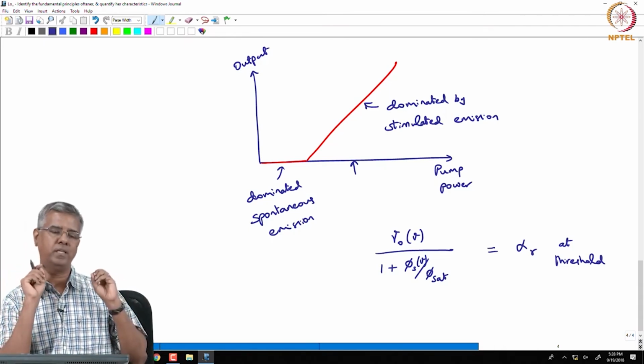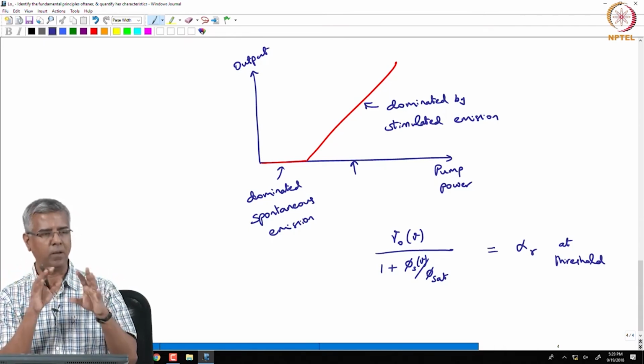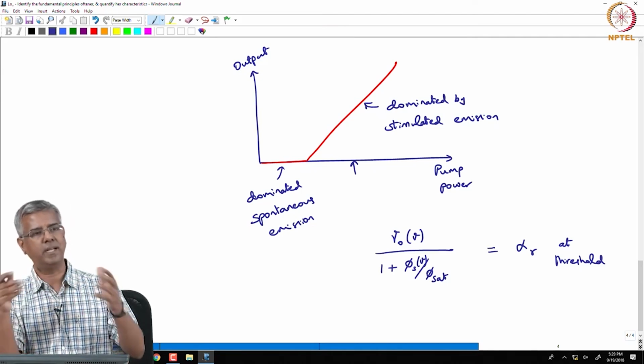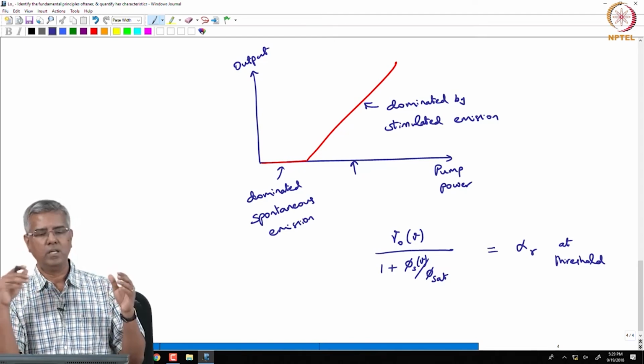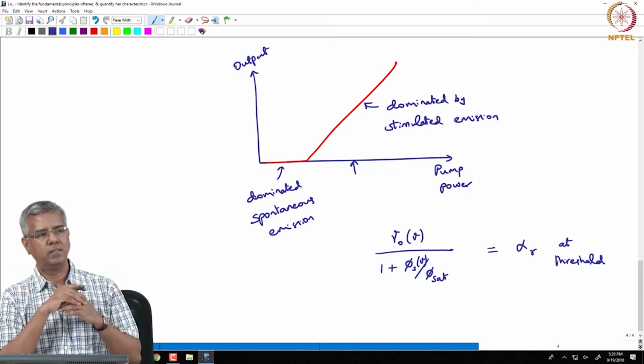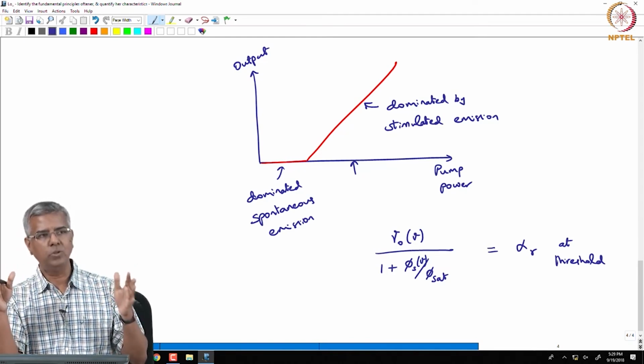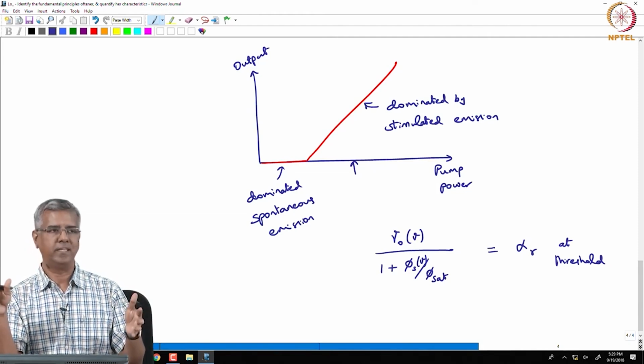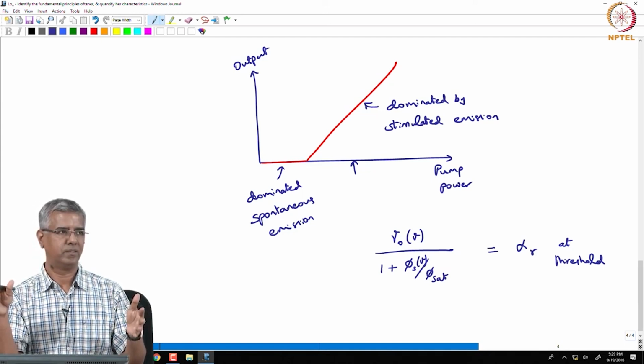So I am actually having a lot of pump photons go into the medium, right, and it is creating some signal photons. There are certain signal photons that are required to meet the losses in the cavity, right.